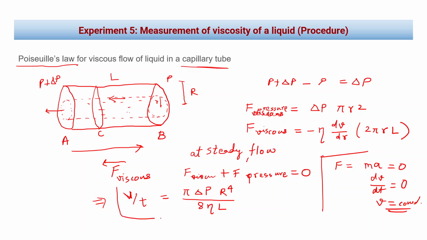So this is the Poiseuille's law, and the basis is we use this expression of coefficient of viscosity to derive this, and this is also the working formula for the experiment that was done.